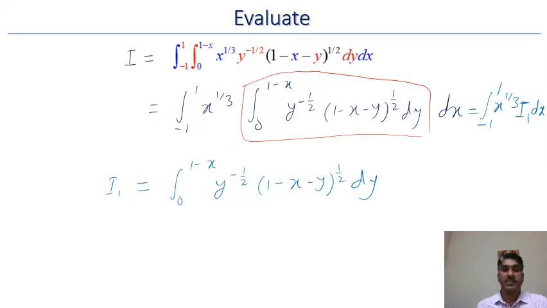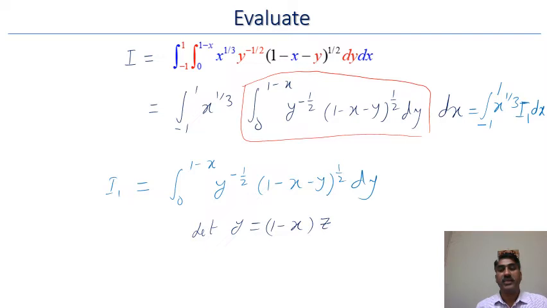You can see that in this integral I1, x is constant. So we take the substitution y is equal to (1 minus x) z. And why am I taking this substitution? Because this is really a tough type of integral.